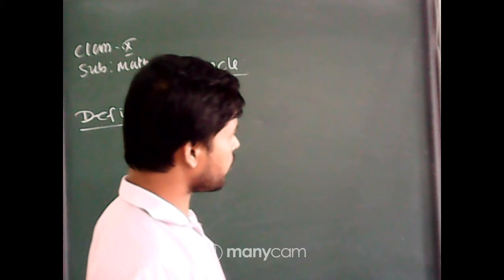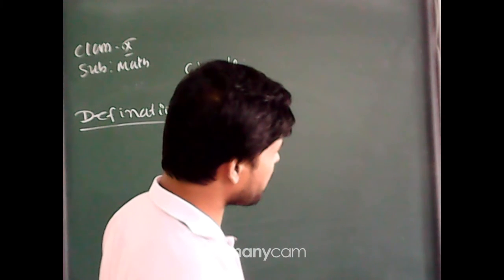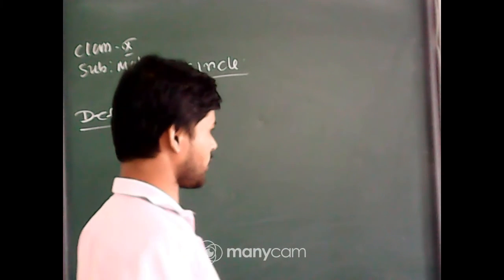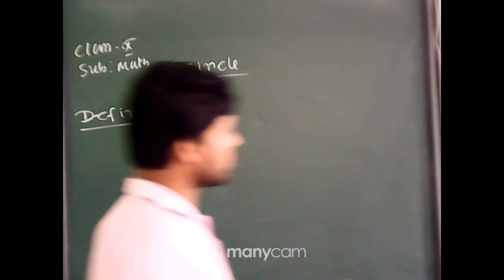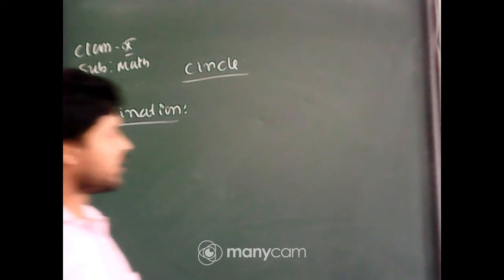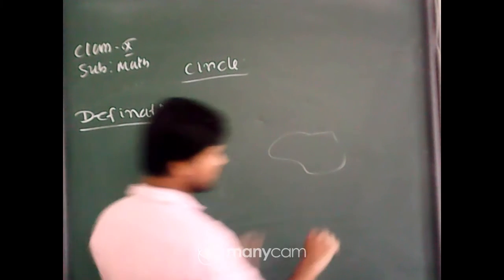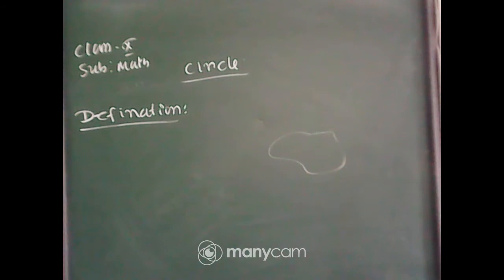A closed figure with a collection of points. Yes, I got it, Sheikh Isanur Rahman. A closed figure with a collection of points is not a circle. We can consider like this, this is also a closed figure with a collection of points.